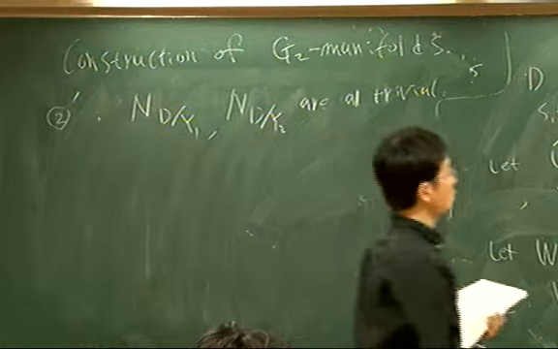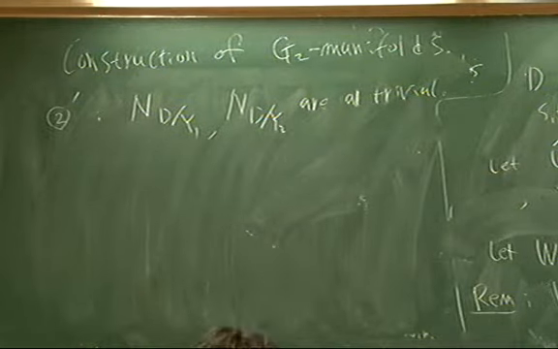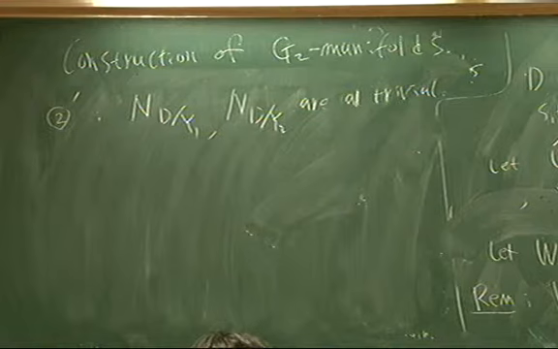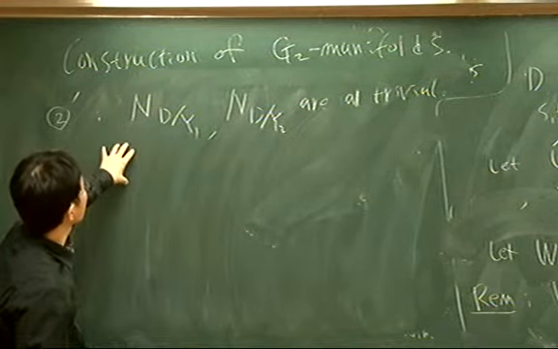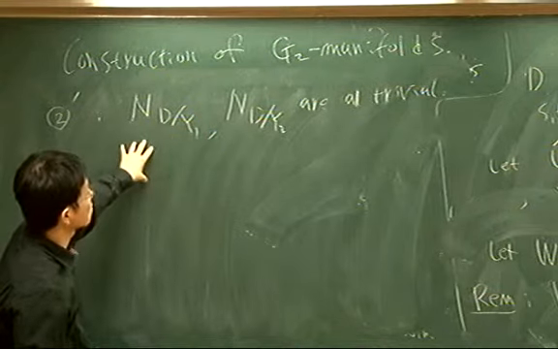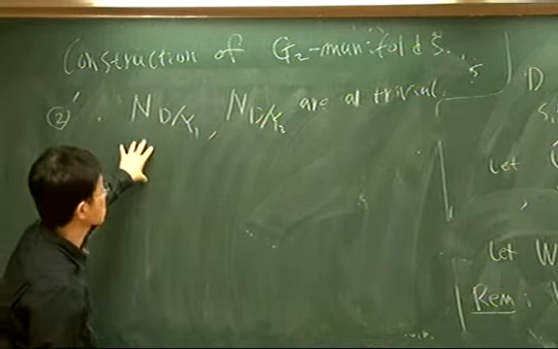So this is stronger than this one. Here we just require the tensor product term to be trivial, but in the construction of G2 manifolds we require that they are individually trivial.